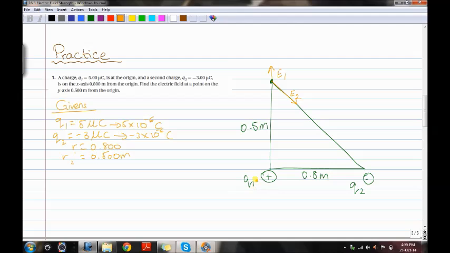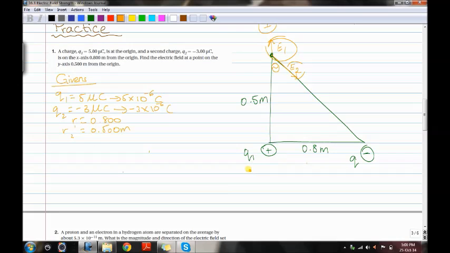This is Q1, and Q1 would be 5 times 10 to the power of negative 6 coulomb, and here Q2 would be negative 3 times 10 to the power of negative 6 coulomb. Now let's find the other distance over here. We're going to use the Pythagorean theorem. Using 0.5 squared plus 0.8 squared, C would be 0.9 meters.